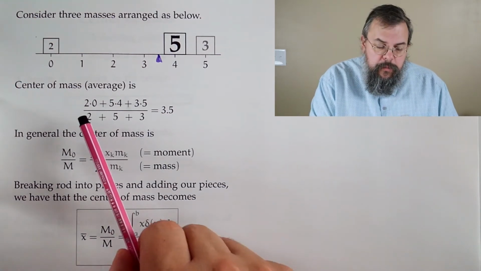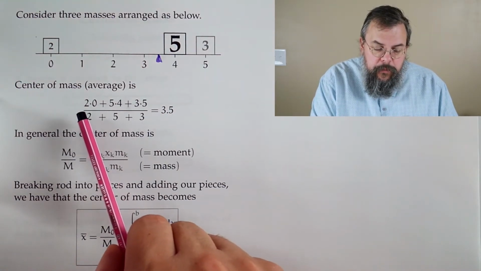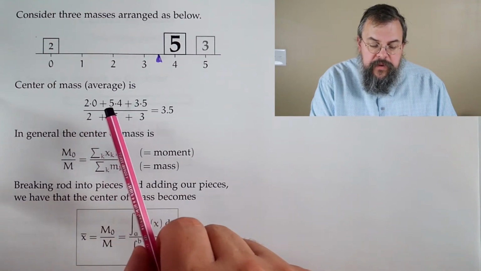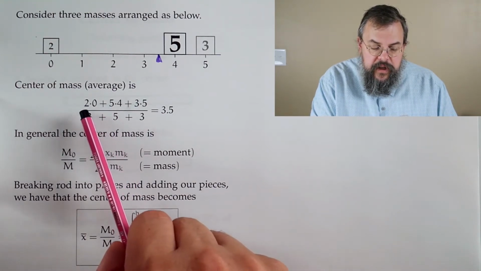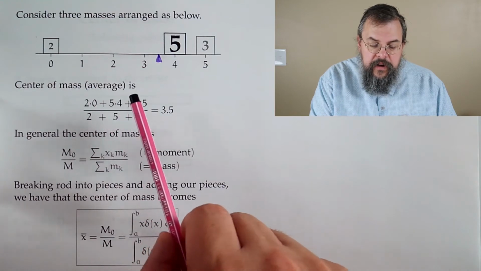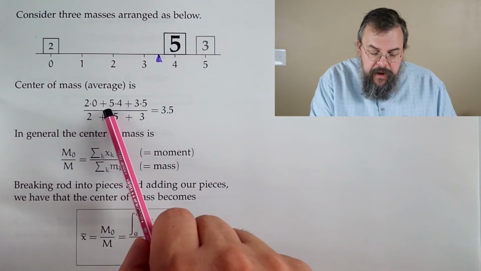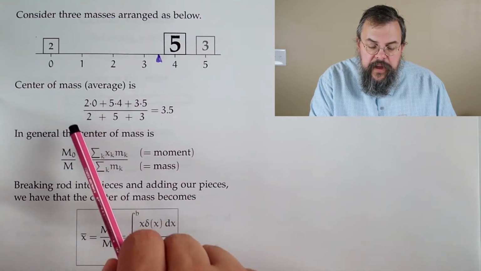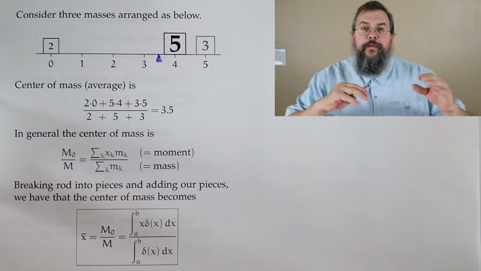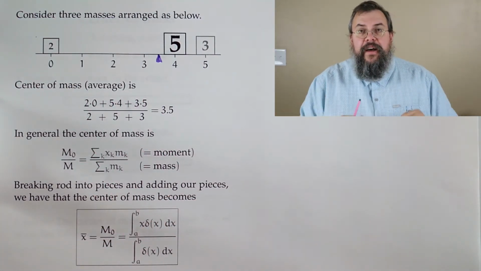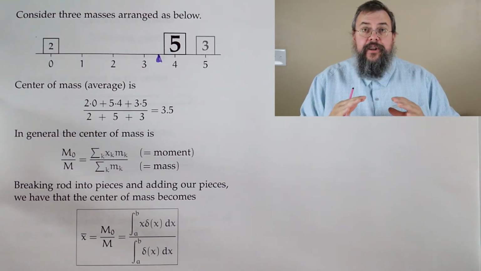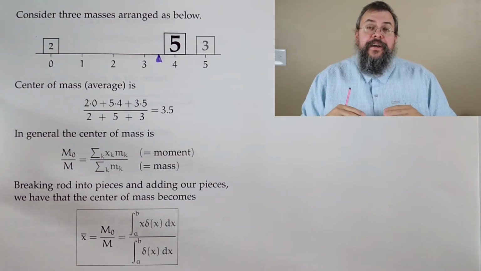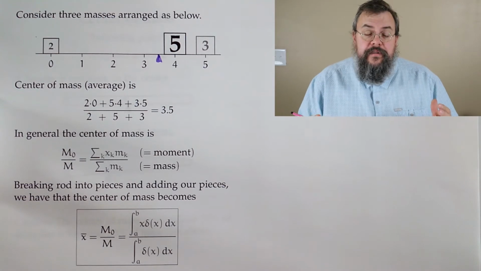So when I'm multiplying here, it's the value of the mass times the location. That's 2 times 0, and the mass times location, 5 times 4, mass times location. Then I divide by 2 plus 5 plus 3. So it's the weighted average of where the mass is located. That's how I like to think of it. And if I remember it that way, it's pretty quick to rederive the formulas.